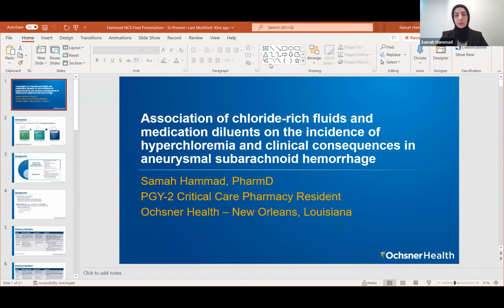I do think that we should be mitigating it, especially in our patients with worsening renal function, when we see those levels of sodium and chloride go up. In my literature review, I also found that patients at baseline with AKI or CKD are at a higher risk of developing worse outcomes. So mitigating it in that sense, but also weighing the risks and benefits of prevention of vasospasm and other management, taking the patient's full picture into account.